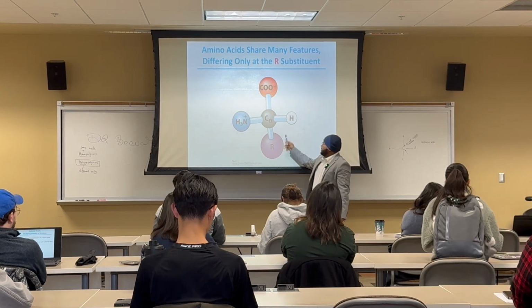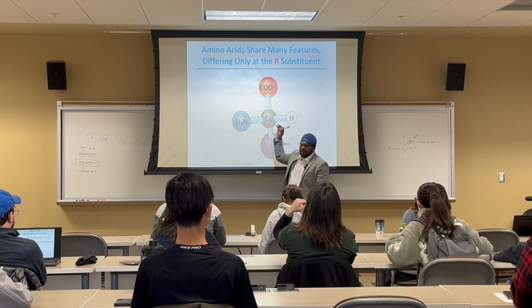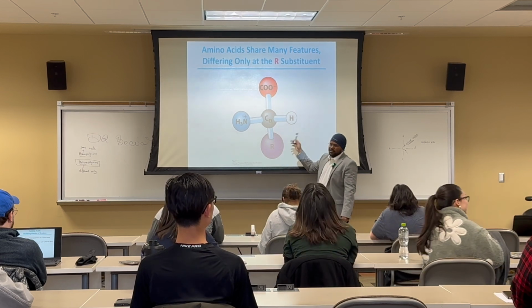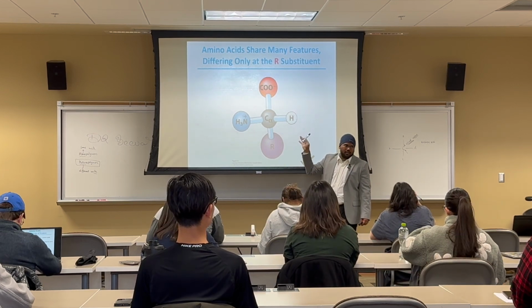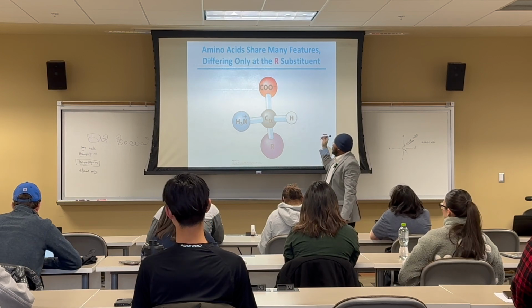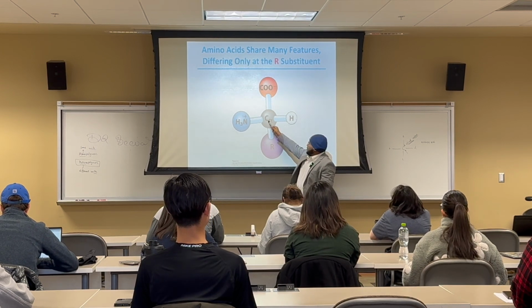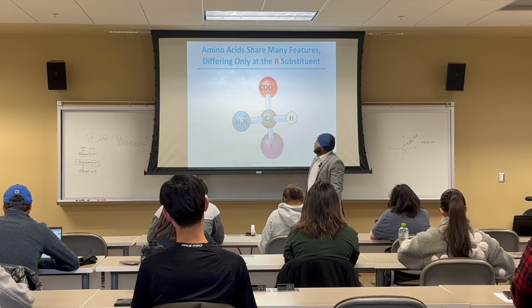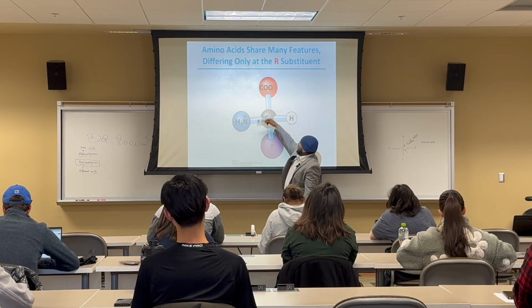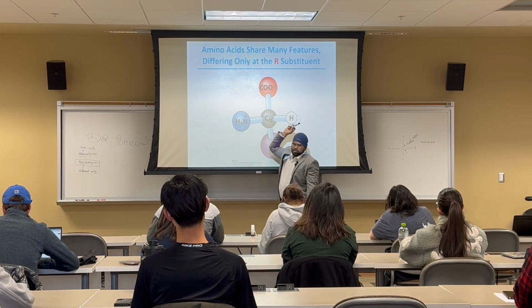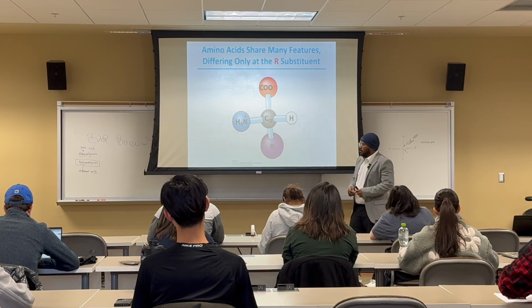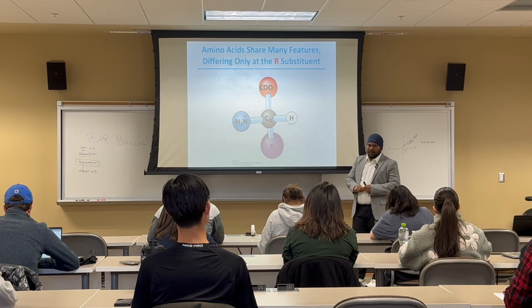These 3 groups will be the same for all the amino acids. So the only thing you have to remember is what is in the position of R, which is an alkyl group. This carbon is designated as the alpha carbon. Why? Because it is directly attached to the carboxyl group, and that's why it is called the alpha carbon.